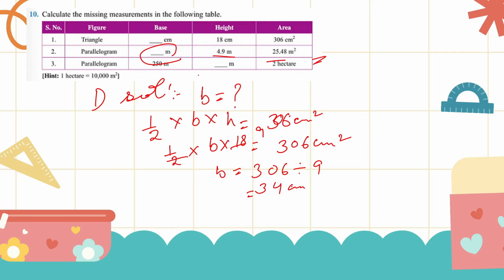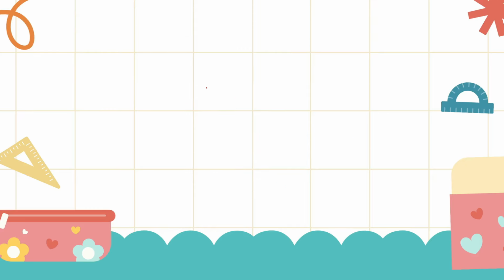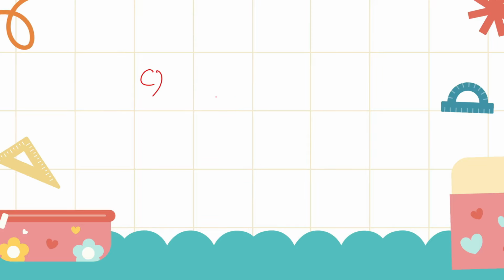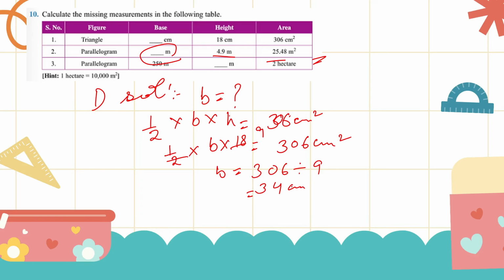In the C part, parallelogram, what is given, we will write on the next slide. In the C part, what is given? One is base given, that is 250 meter, and area is given 2 hectare.